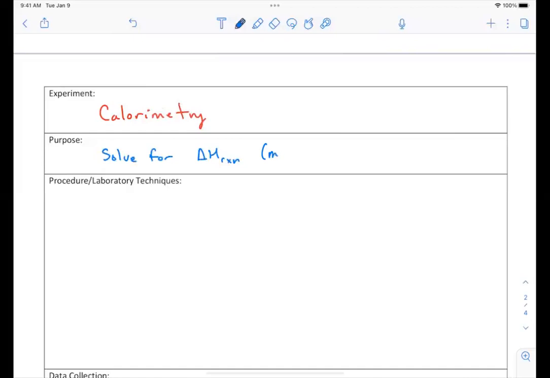So the molar enthalpy of the reaction, not just Q, because yes, we do solve for Q, but usually this experiment takes it all the way to delta H. RXN is just an abbreviation for reaction.